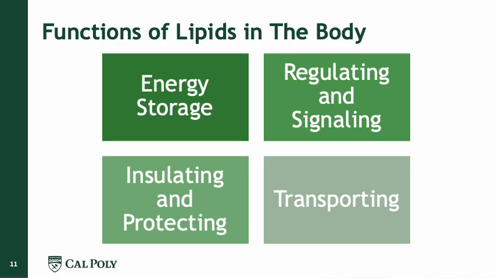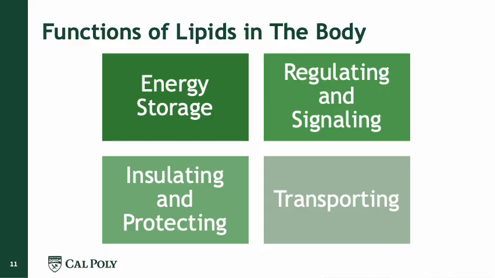Also, we have insulating and protecting. This is very straightforward, but fat in our body insulates from changes in temperature, for example, and physically it helps insulate and protect the organs, bones, and muscles.